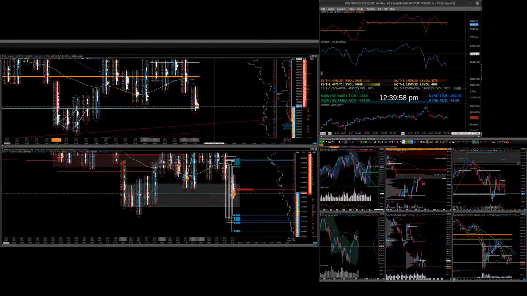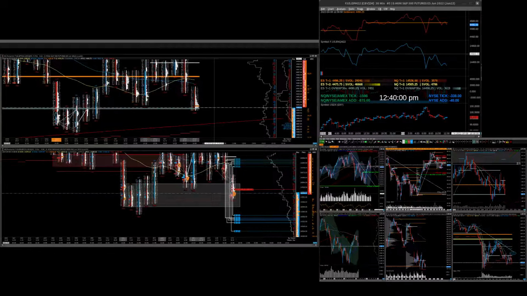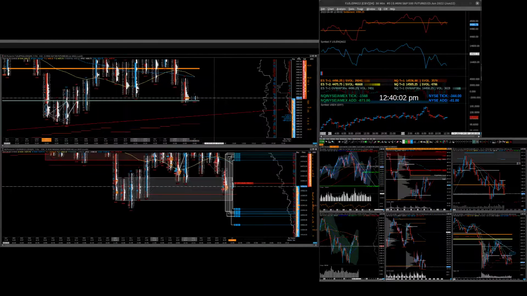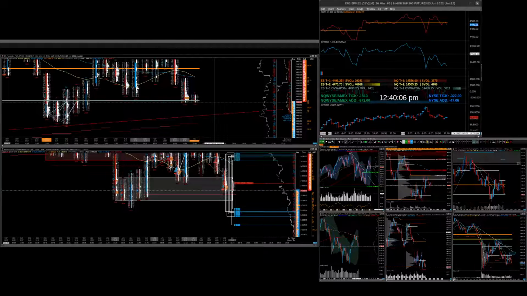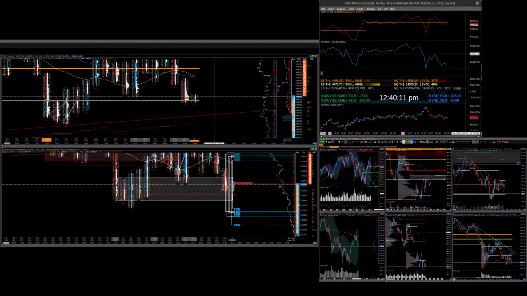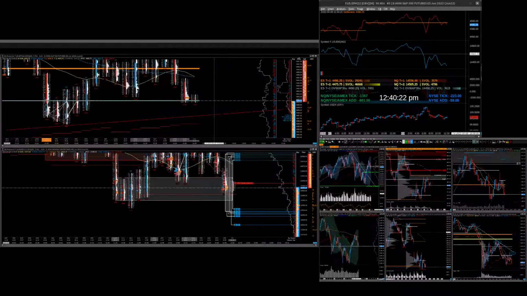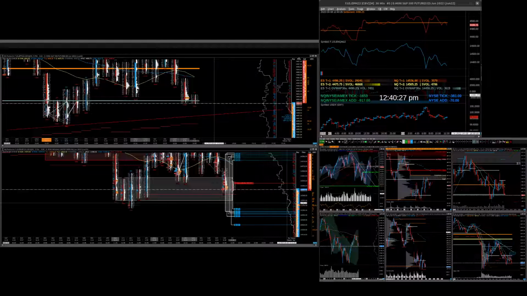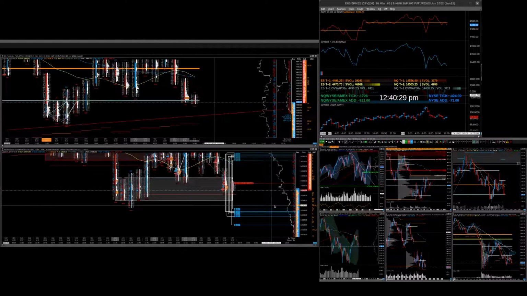NASDAQ looks a little different, obviously, right? Yeah, Captain Price. You can see liquidity here on the NASDAQ. You see this? Liquidity.